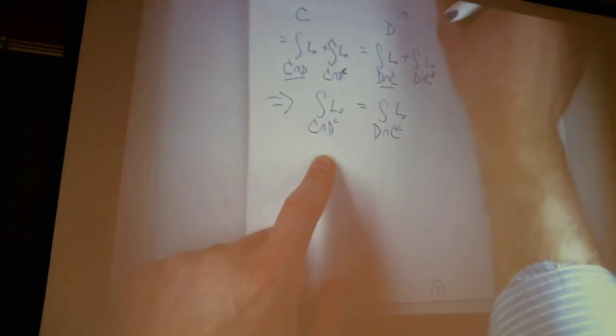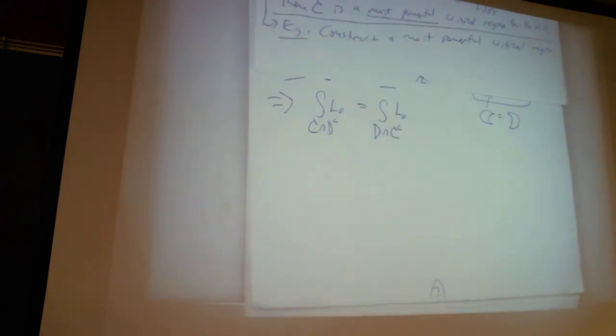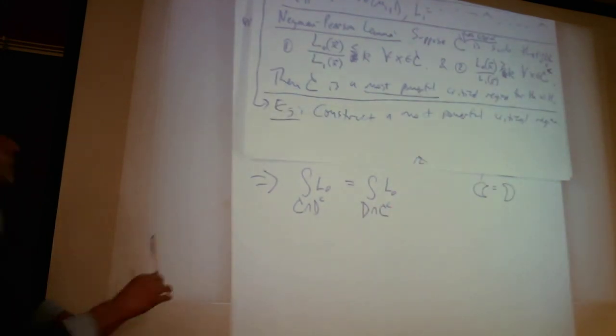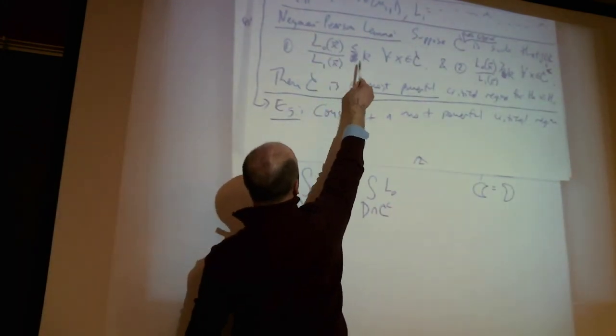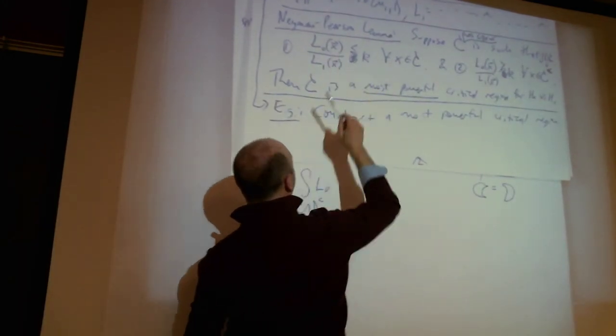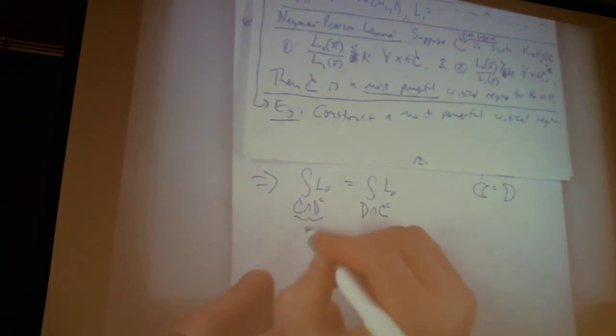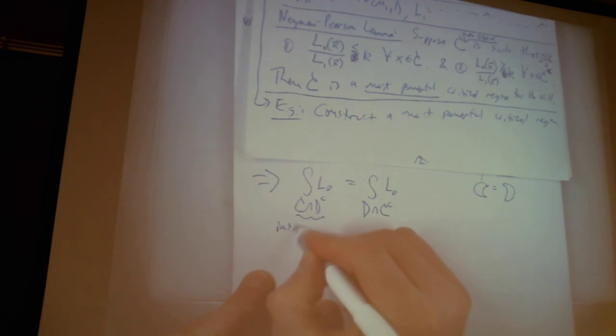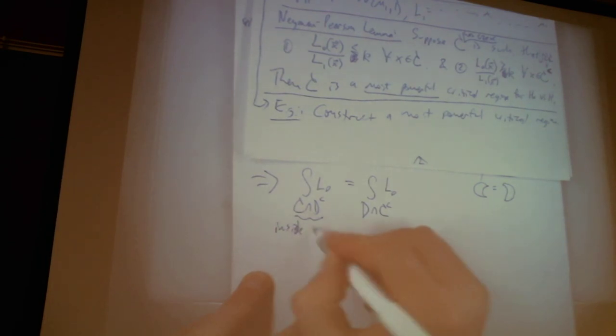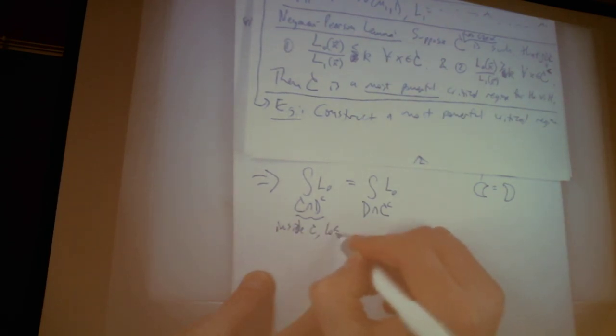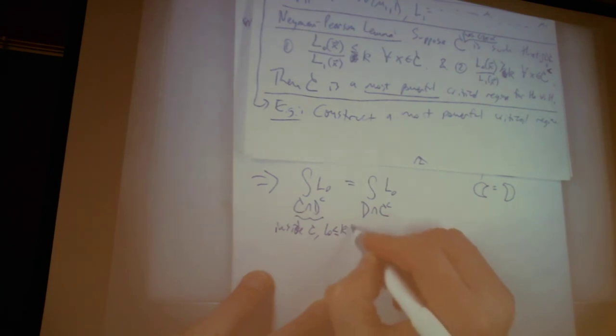Okay, we're in C. So what's the ratio? Our assumption is that inside C, L0 is bounded above by some constant times L1.